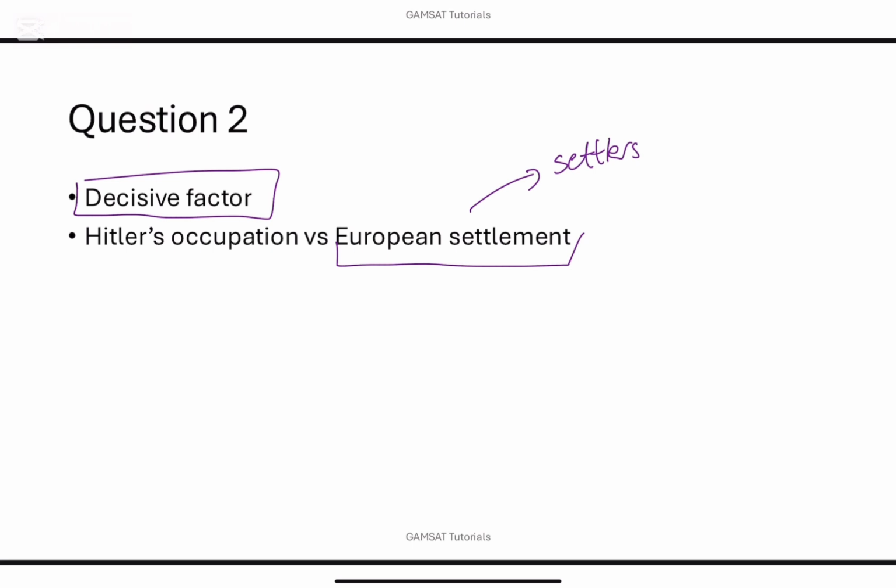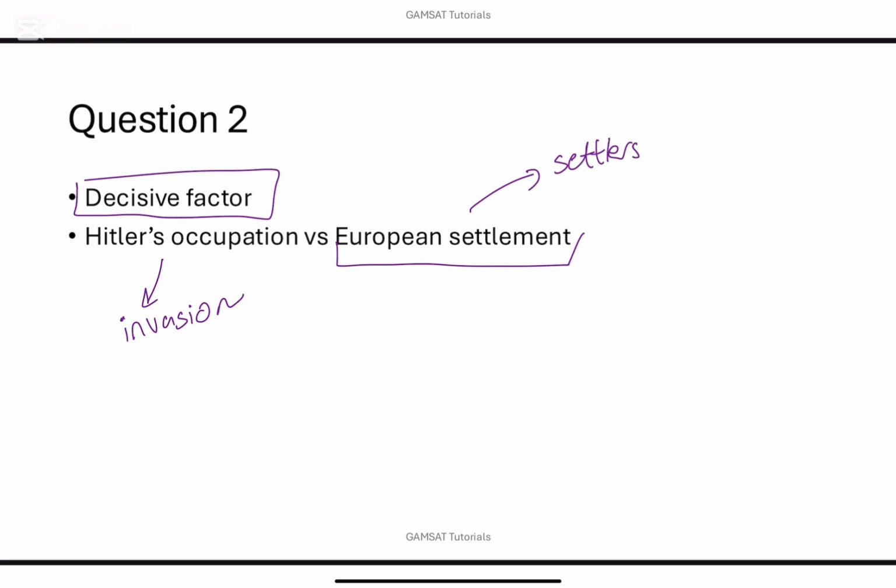Whereas when you think about Hitler's occupation of Poland, they were using the word occupation and invasion. When Hitler was deciding to go and invade Poland, he wasn't thinking, I'm going to go and settle Poland. He was thinking, I am going to invade. This is an act of war. I will be invading them.